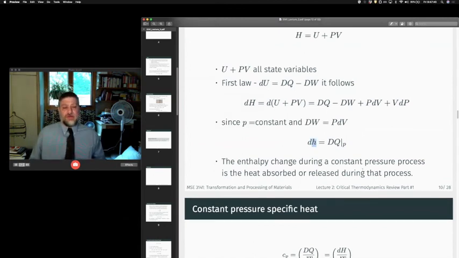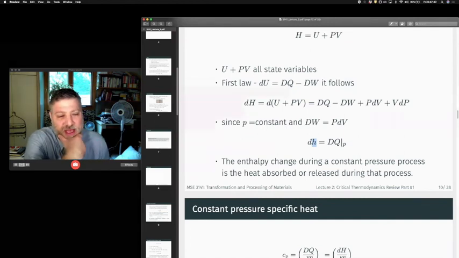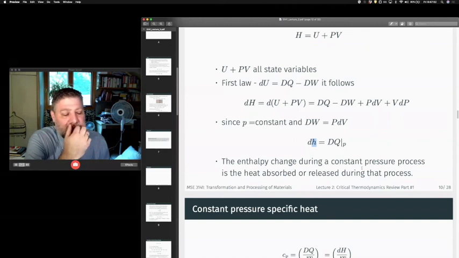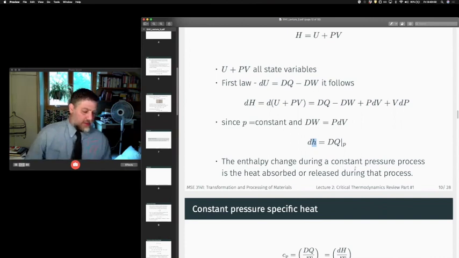Okay, so the physical meaning of the enthalpy is the heat absorbed or released during a constant pressure process, which is something that I think a lot of people don't quite appreciate the utility of. Most of the time for materials, are we in a constant pressure state or a constant volume state?